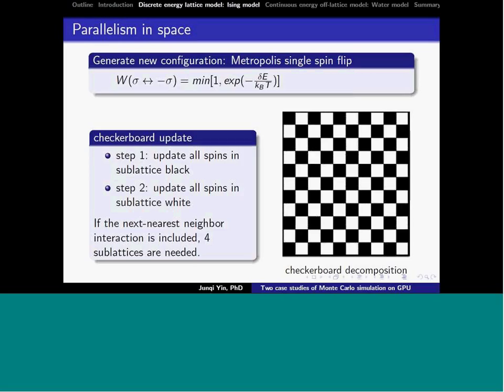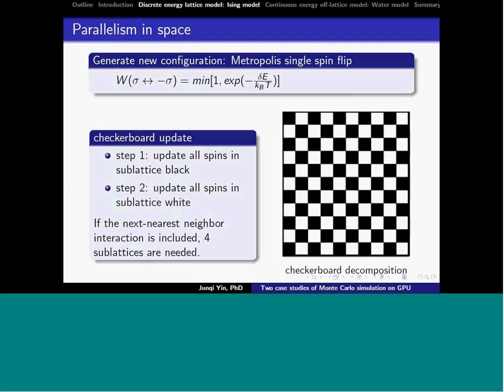So this is how Monte Carlo updates the spin configuration, and we can do spatial decomposition because each spin only interacts with its 4 nearest neighbors. So we can do a checkerboard decomposition.